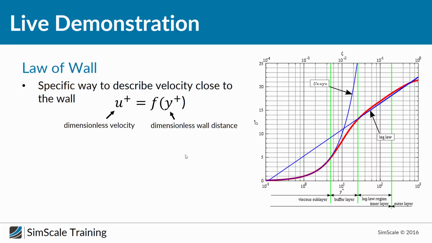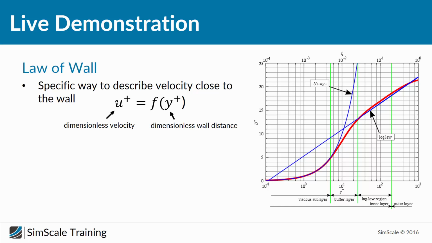To put it in a nutshell, what they found out is that if you use dimensionless quantities for velocity and wall distance, there is a specific way to describe velocity close to the wall in the boundary layer: the dimensionless velocity close to the wall, as a function of the dimensionless wall distance.